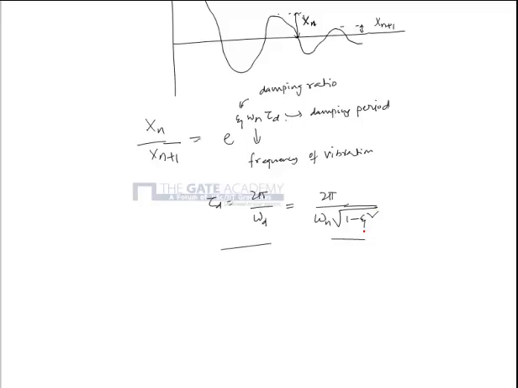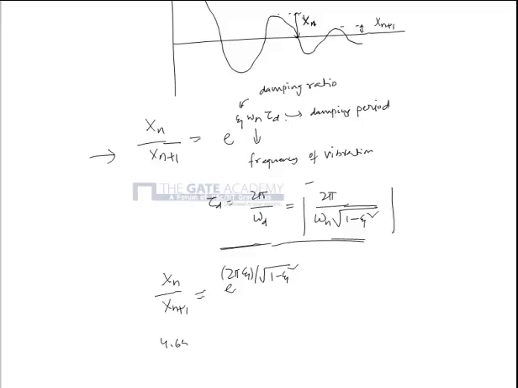These are all the things when we derive the response; we study all these formulas at that time. So just substitute all that and get xn by xn plus 1. It is of this form: 2 pi zeta by root over 1 minus zeta square.